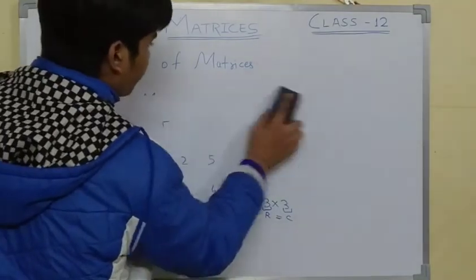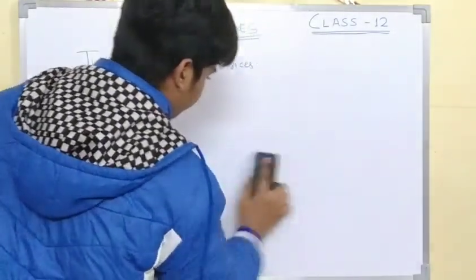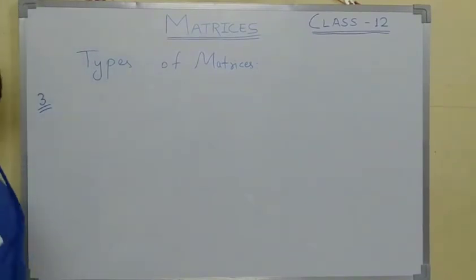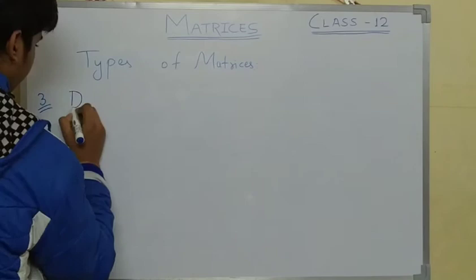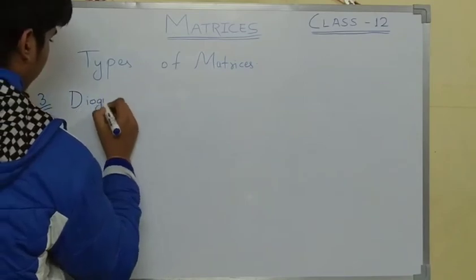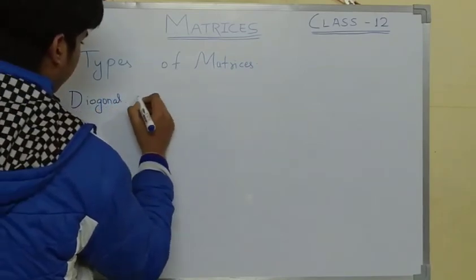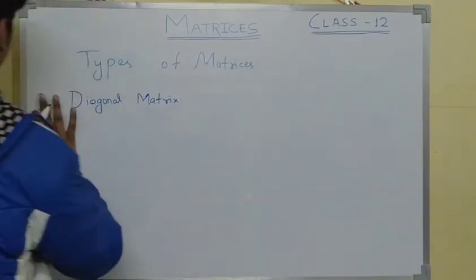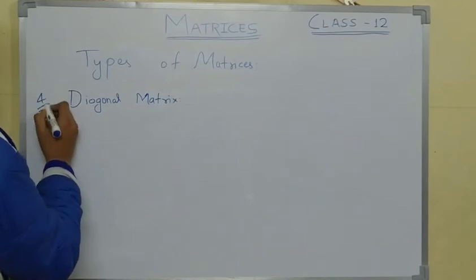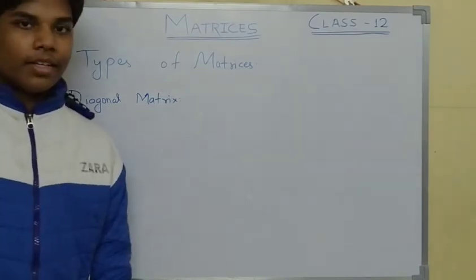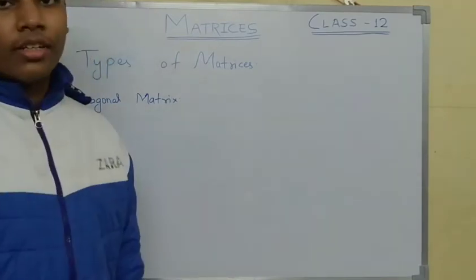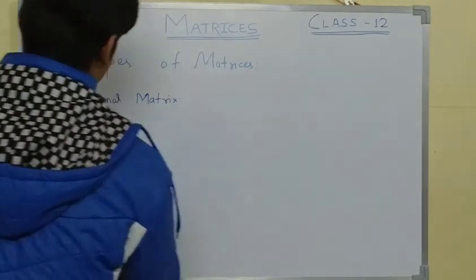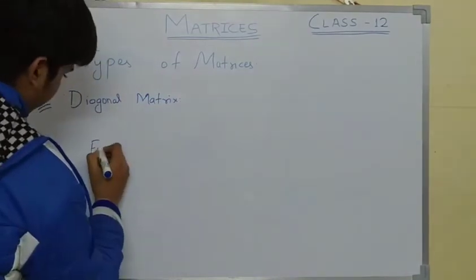Now fourth, we will see the diagonal matrix. The diagonal matrix is the matrix in which the elements are present only diagonally.